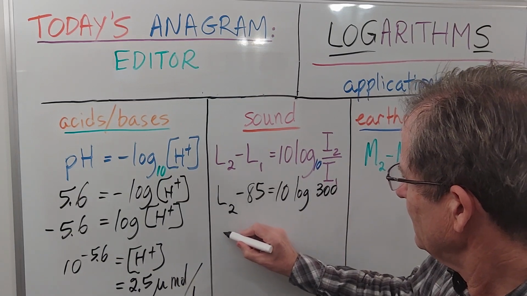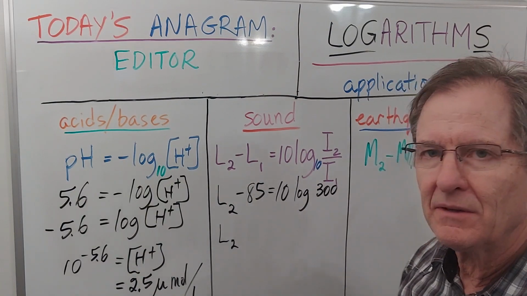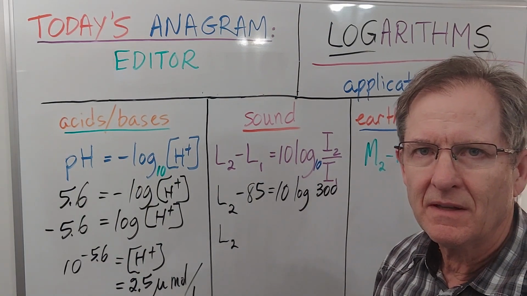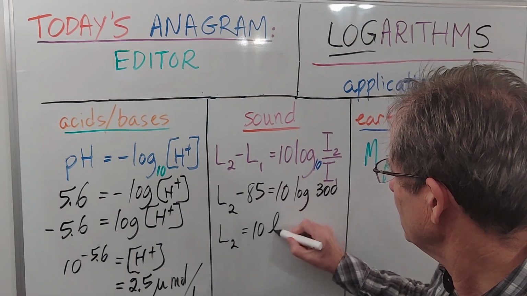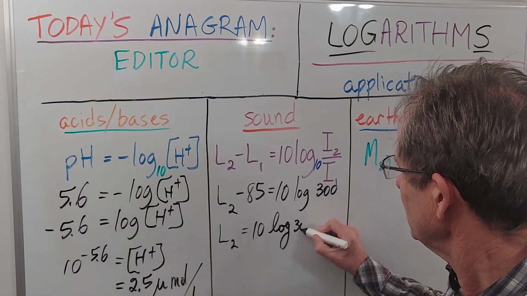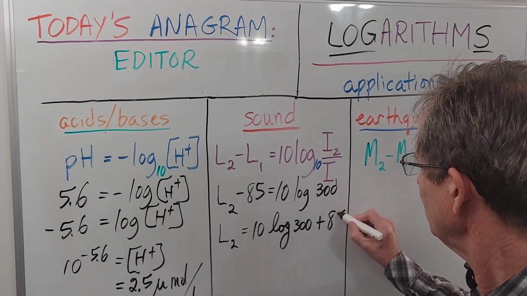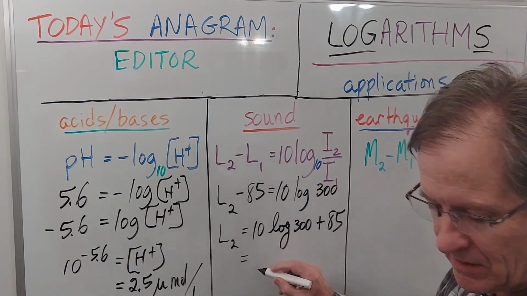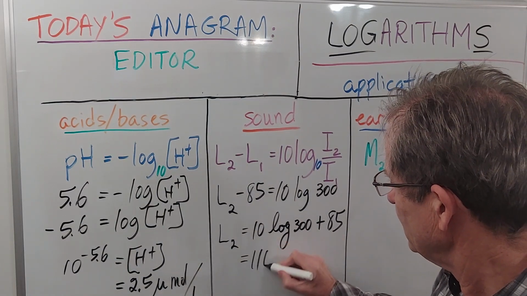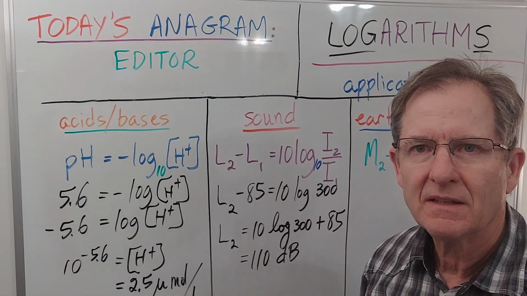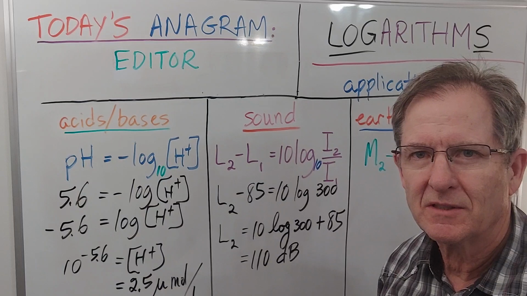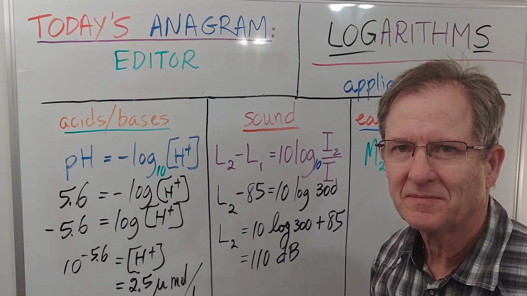So to get the loudness in decibels of the chainsaw, it's 10 log 300 plus 85, which works out to be 110 decibels. So for that kind of a sound, you probably want to wear some ear protection.